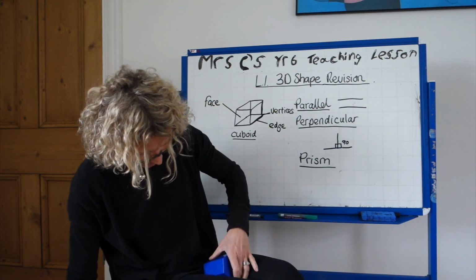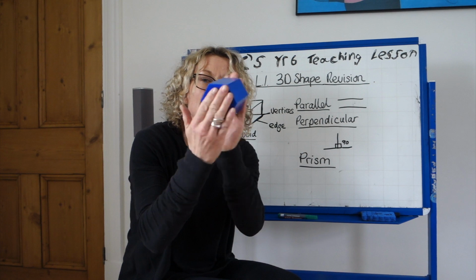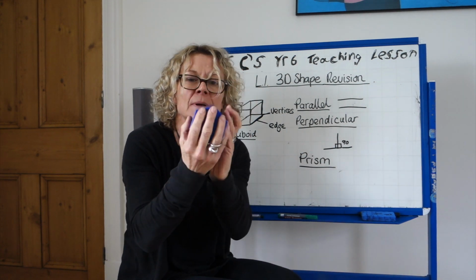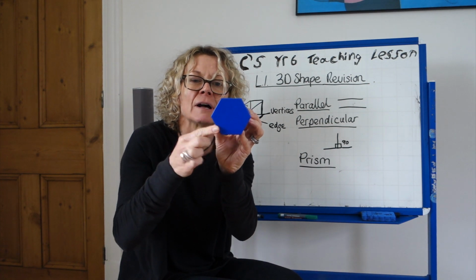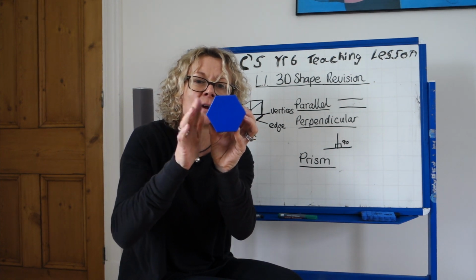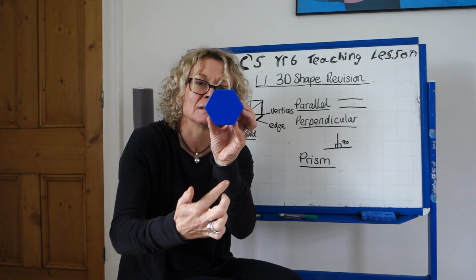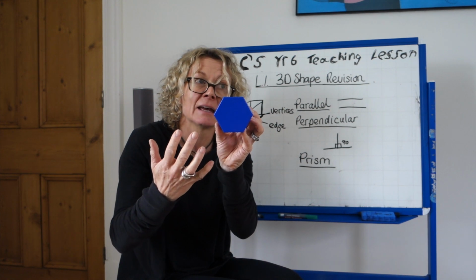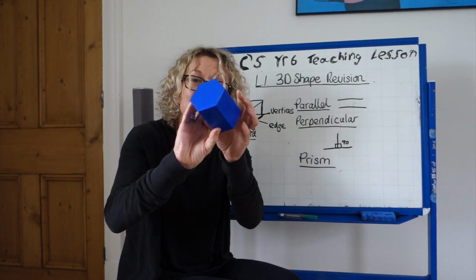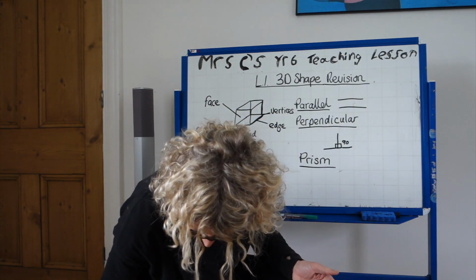Okay, what's the one up from that? This one. Okay, parallel end faces. It is a prism. How many sides? 1, 2, 3, 4, 5, 6. So 6 sides on the end face. So it is a 6-sided shape. So it is a hexagon. So it's a hexagonal prism. Okay, so 6.